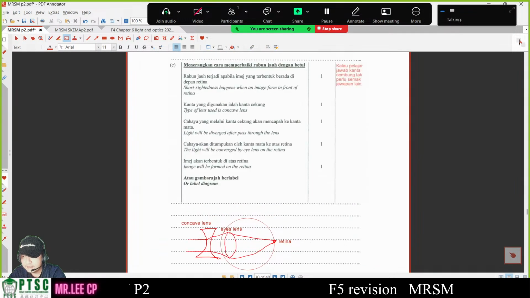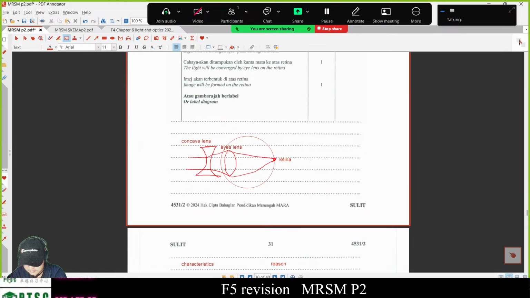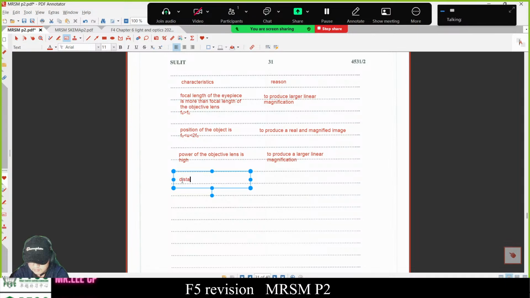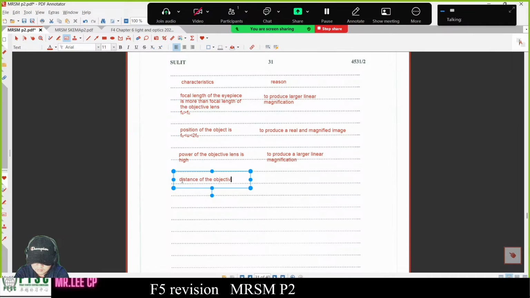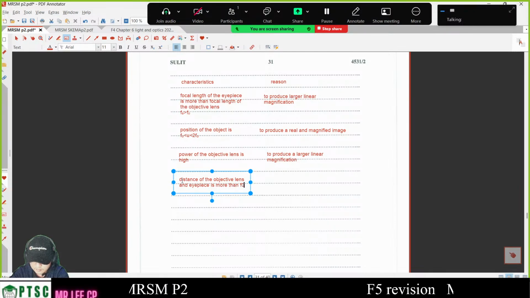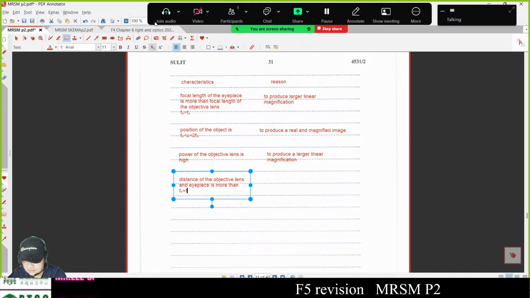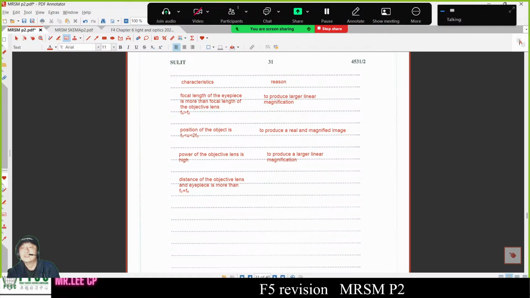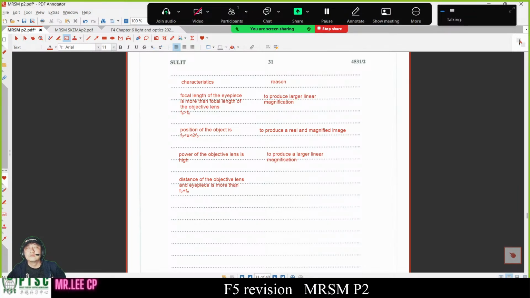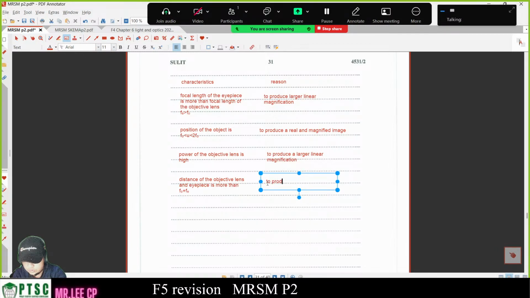And lastly, the distance between the objective lens and the eyepiece is more than FO plus FE, so that it can produce a clear image.